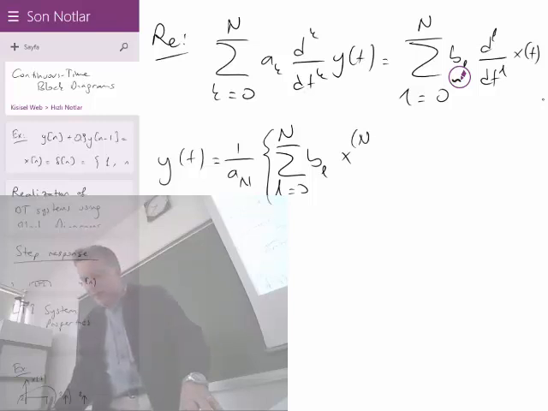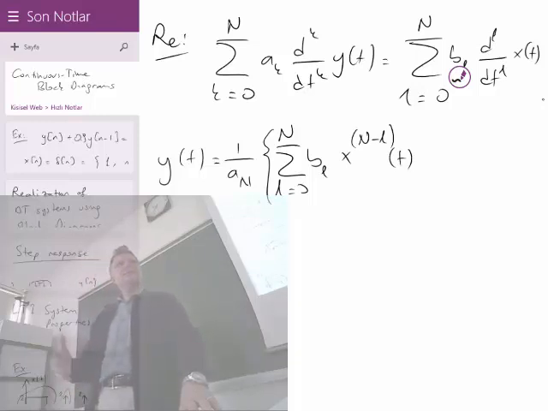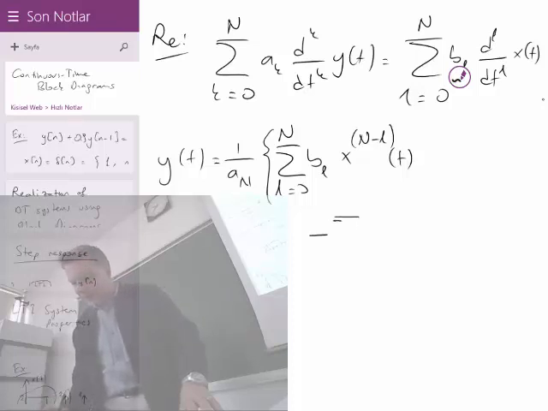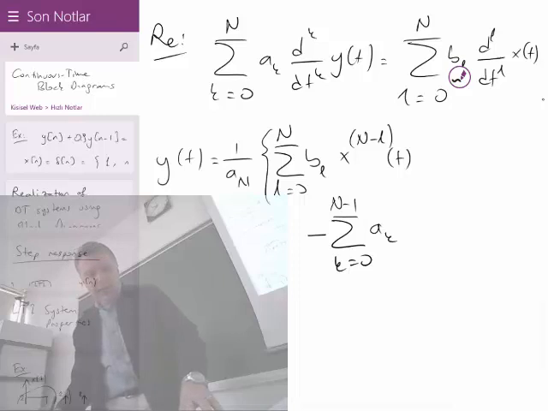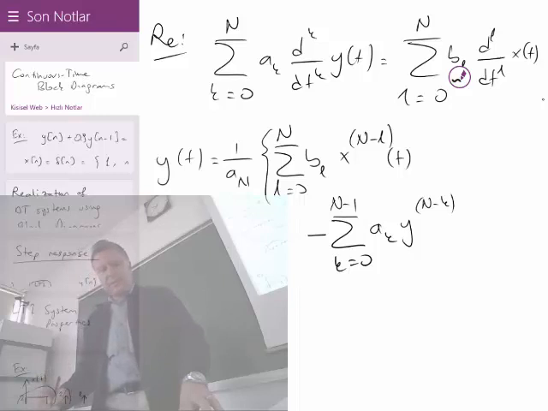So it is n minus L times integrated of t. When L is the same as n, it will correspond to x(t) itself. Minus the sum over k from 0 to n minus 1, because the nth term is at the left hand side. It is y of t, a_k y n minus k integral of t.